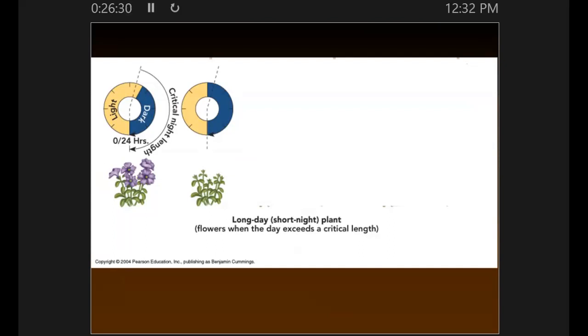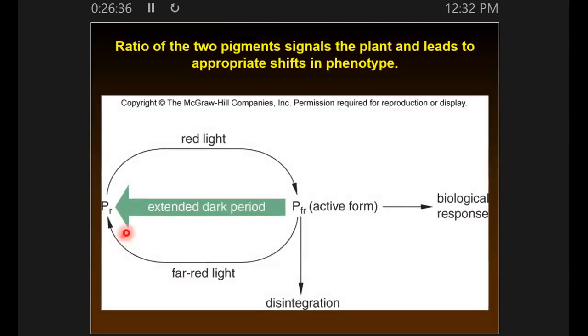And so if it's getting lots of red light, that means most of its phytochrome is in the Pfr form in its body. And that's telling the plant, oh, I'm in light, I'm in light. Because in order to have Pfr, that means the Pr form had to get hit with red light. So really think about the red light, far red light idea.